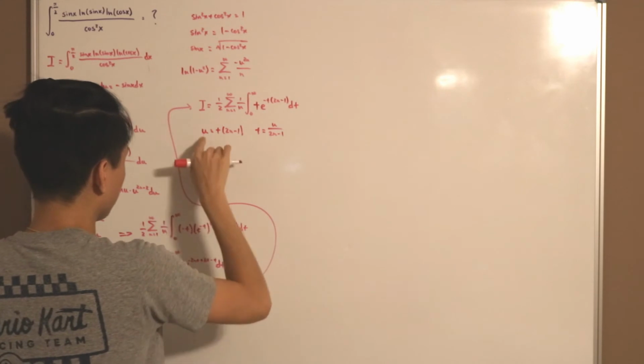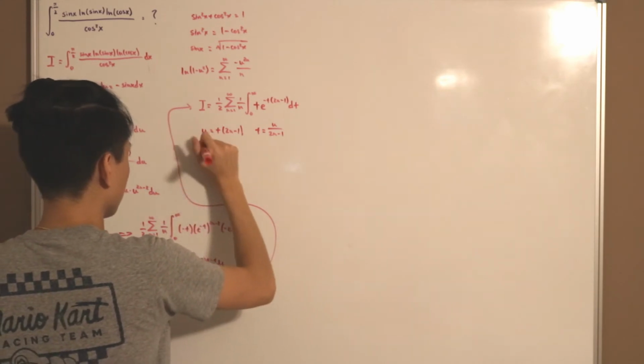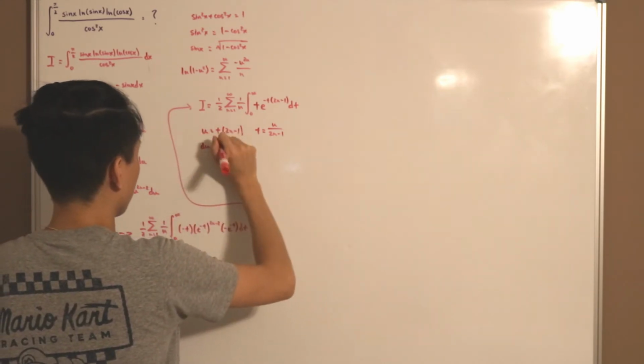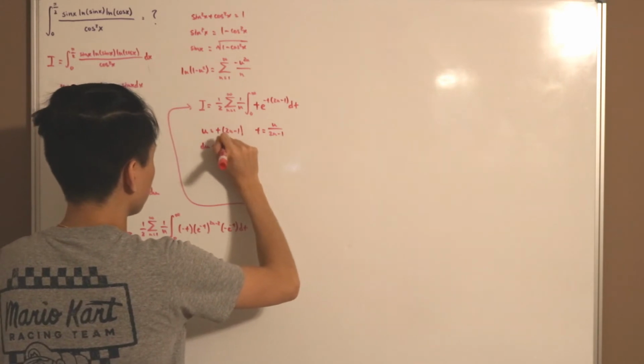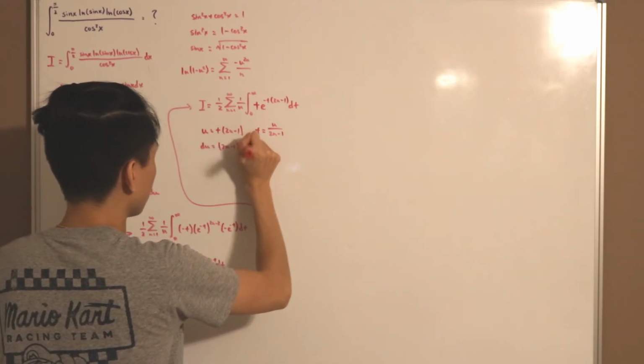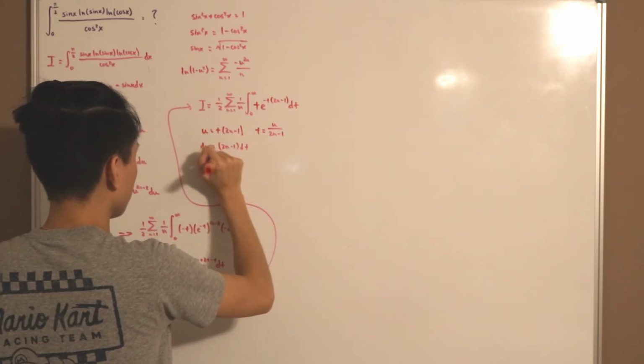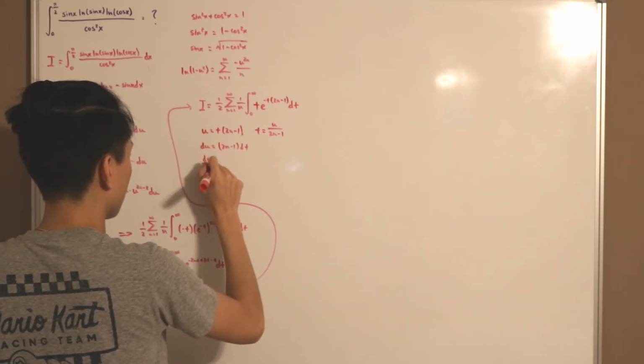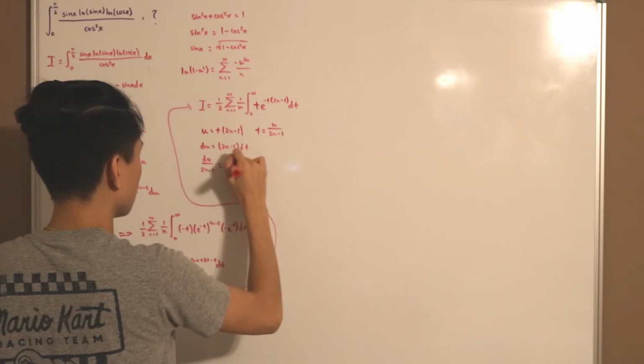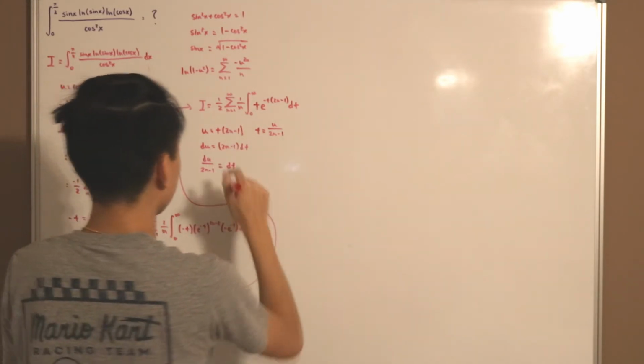When we take the derivative, du is equal to 2n minus 1 dt, then dividing both sides by 2n minus 1, we get du over 2n minus 1 equals dt. And we can substitute everything back in.